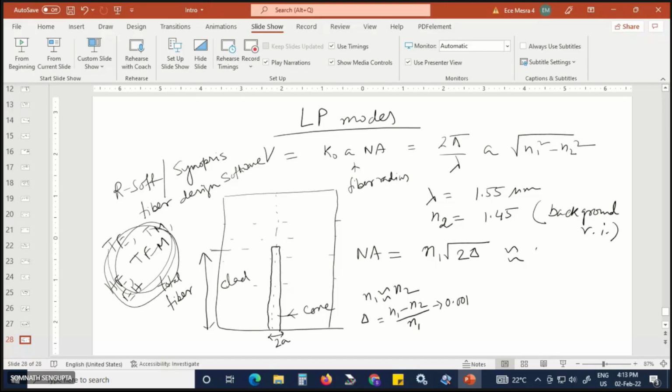That is called LP modes, linearly polarized modes. लाइट प्रोपागेशन बहुत डिफिकल्ट है फाइबर में. और उस कंडीशन में n1 is approximately equal to n2.